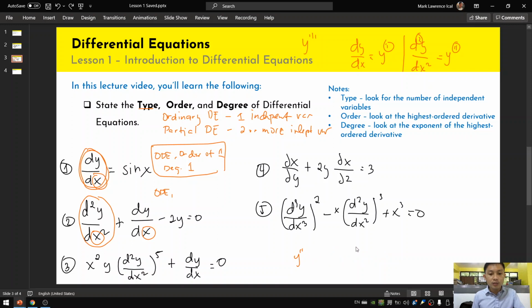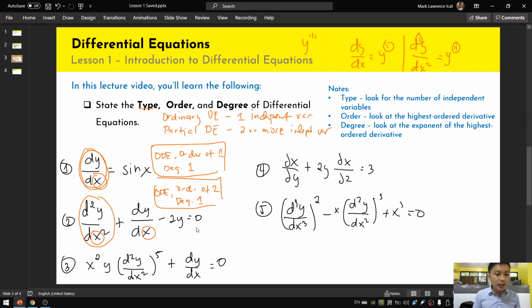Okay? So, looking at the highest order derivative, we have 2. So, this is order of 2. How about for the degree? Now, we see that there is no exponent or power for this one, so we only have degree of 1. Okay, so number 3.